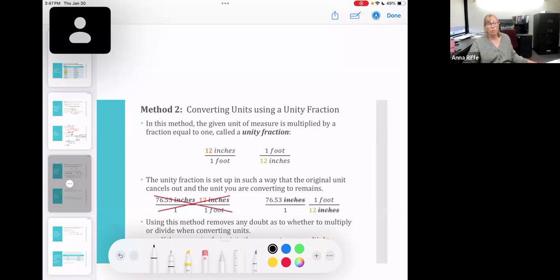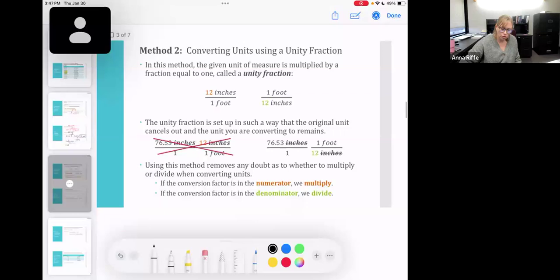And this will also come up quite a bit in future lessons where we're expanding outside of distance or weight. And so it's a good method to learn. All right. Let's talk about method 2.